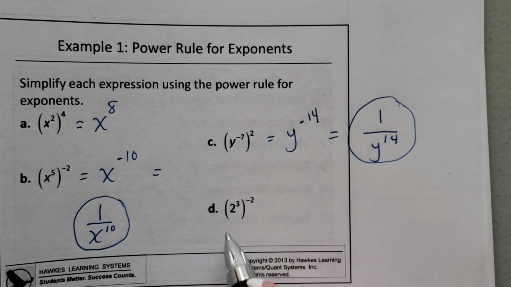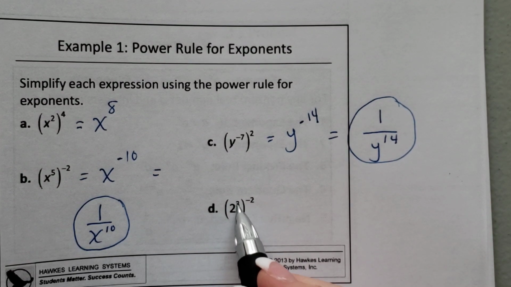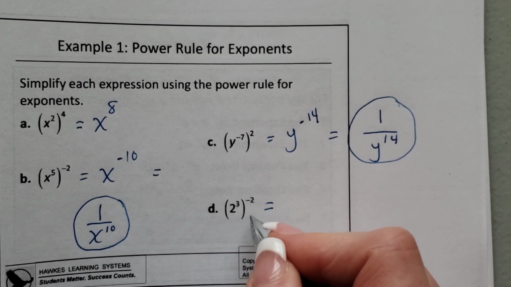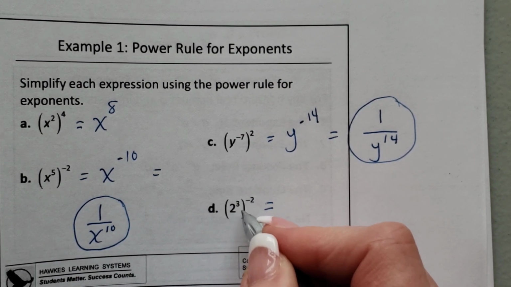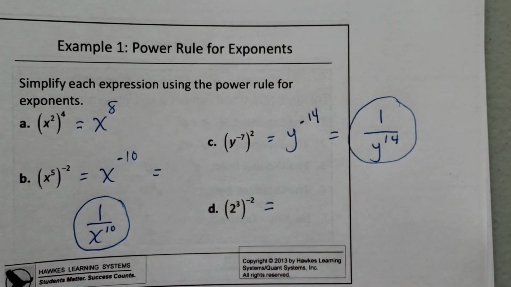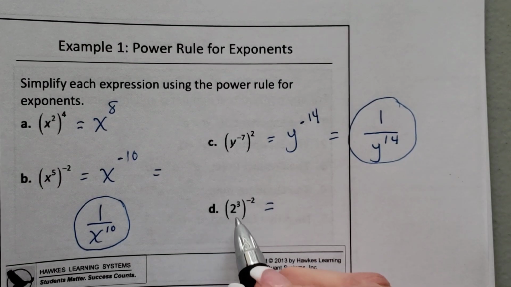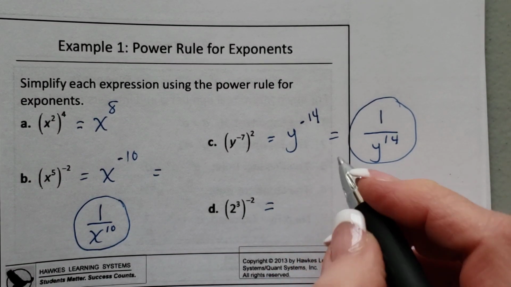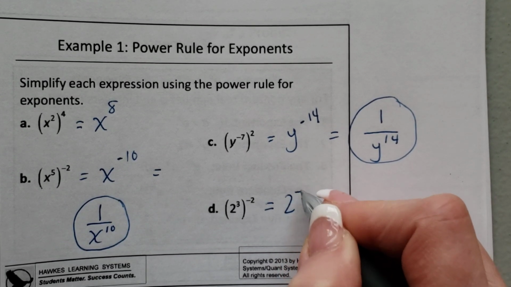Letter D, we have 2 to the third power raised to the negative second. And once again, on this problem, you can put it right in your calculator because it's a number. These, you won't be able to do that because they're not numbers, they're variables. So anyway, we're going to start out using our power to a power rule. So 3 times negative 2 is negative 6.